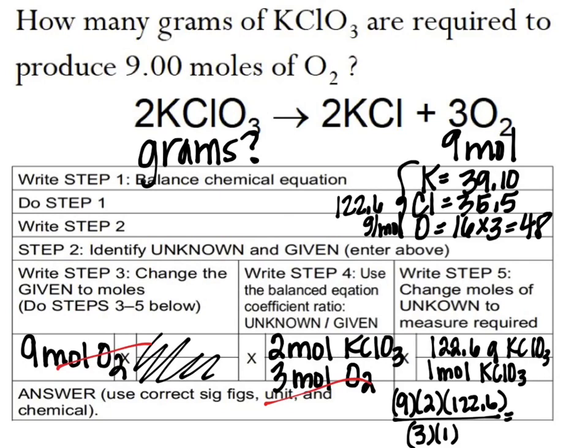So 735.6. How many sig figs are in our question? It's 9.00. So that means we need 3 sig figs. So 736 grams of KClO3. Any questions on that?